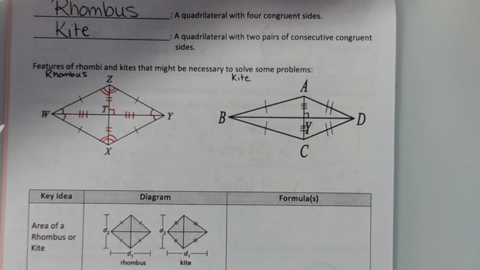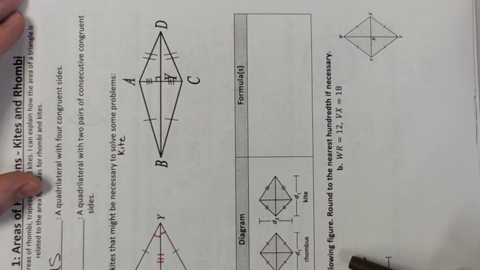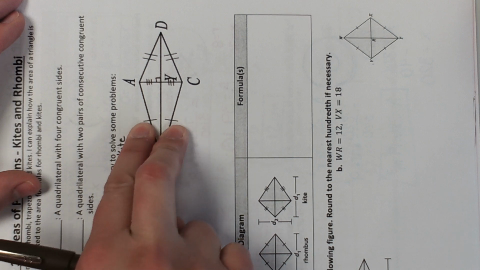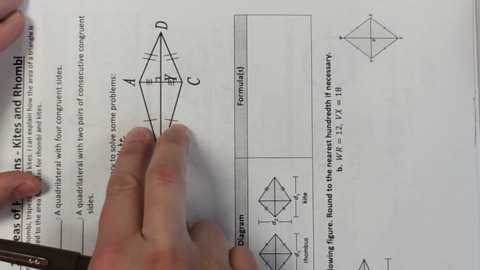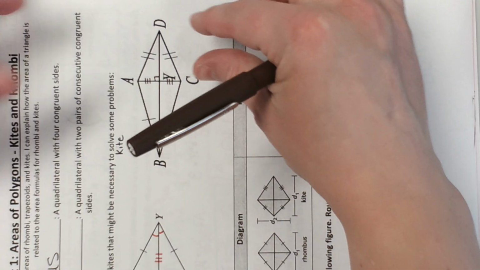Now keep in mind, am I allowed to spin a kite and show it to you this way? Yes. Hence the reason we look for the congruent sides, the diagonal that breaks the pairs up.